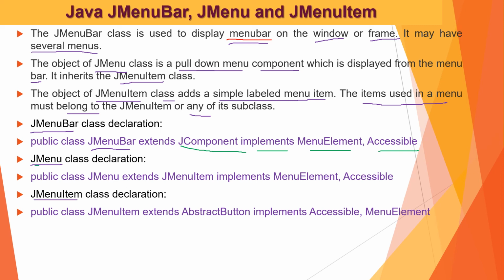The next is the menu item, which are the options inside the menu. It has the class declaration public class JMenuItem extends AbstractButton and implements Accessible, MenuElement. So these are the class declarations of each component of the menu.